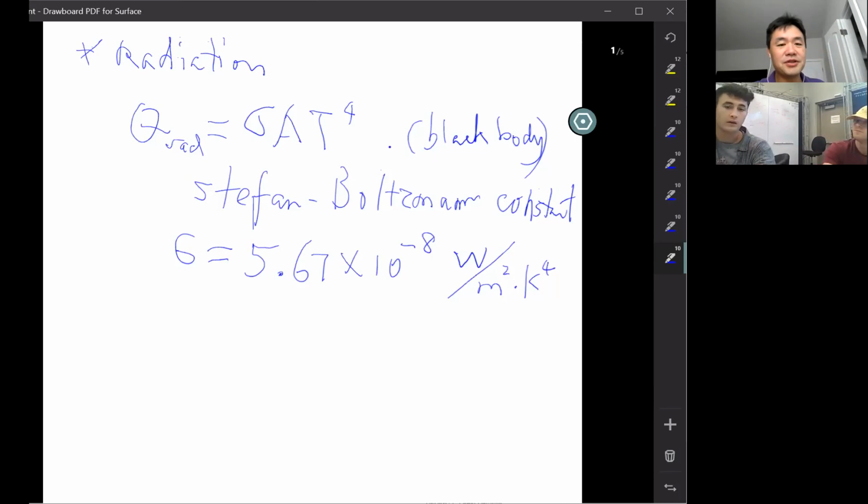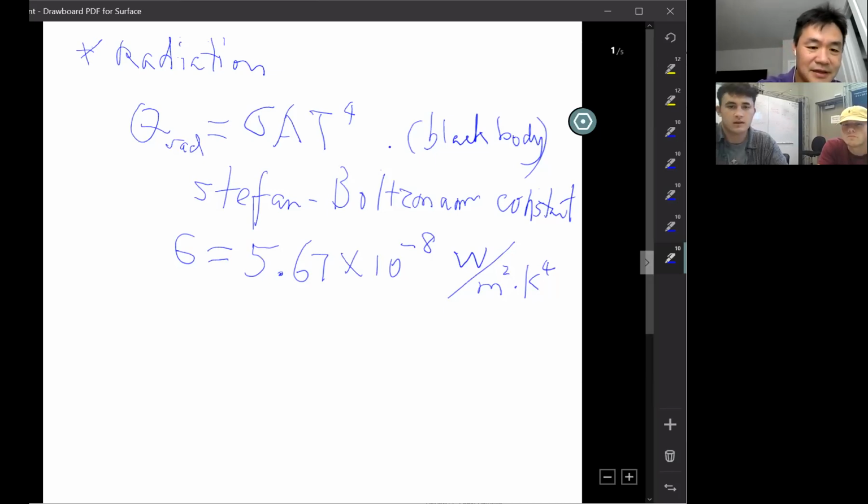So this is the radiation from a black body. How about when you have two bodies or two surfaces? Let's say one surface is here and the other surface is here.